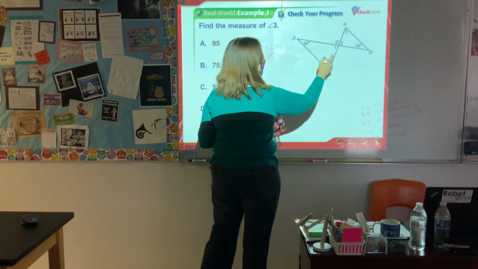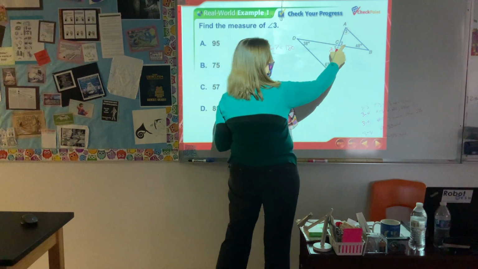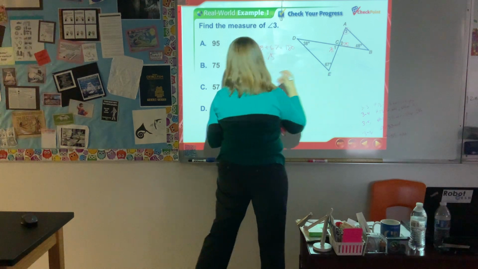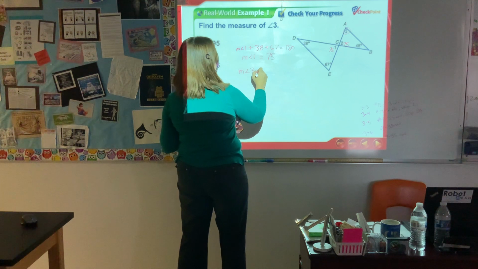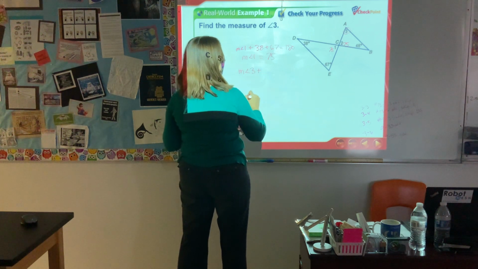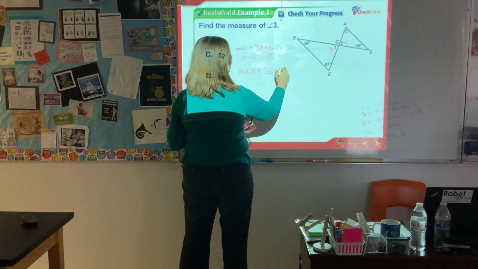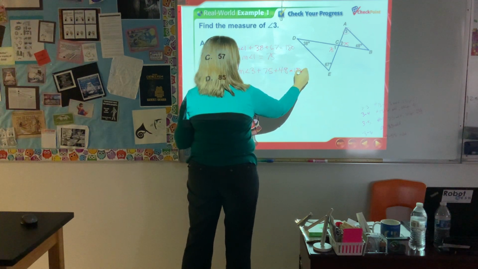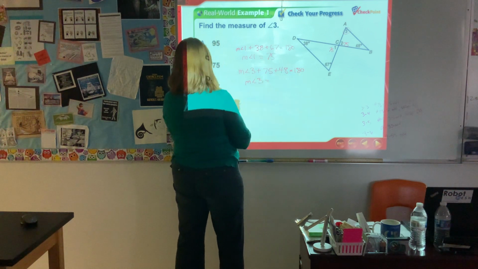Seems about the right size. If that's 75, that means that 2 is 75. And then we now know the measure of angle 3 plus 75 plus 48 equals 180. So the measure of angle 3 is 180 subtract those other two angles.